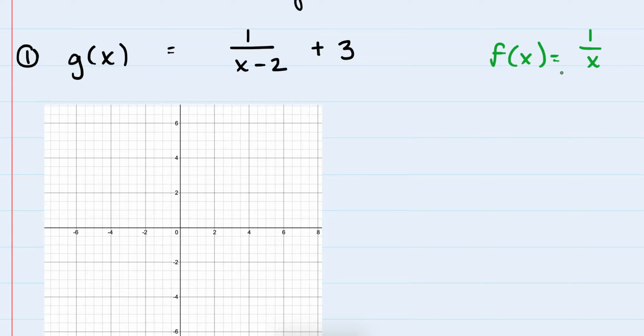So we need to graph a couple of points on this graph here. If we plug in 1, 1 over 1 is 1, so we're going to have a point at (1, 1). You can plug in 1/2 if you want, and you'll see that you get 2. And if you plug in 2, you'll get a half.